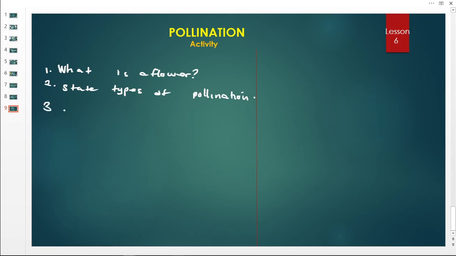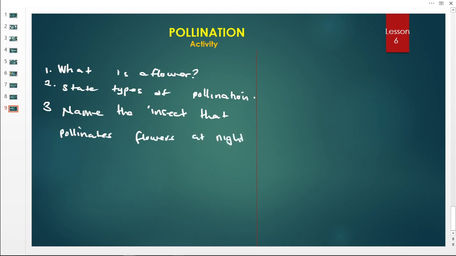Number 3, name the insect that pollinates flowers at night. Number 4, why do some flowers have cross-pollination?